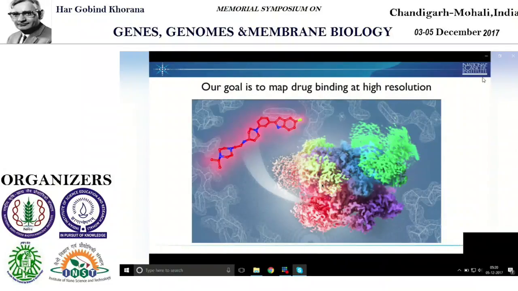But our interest was, in addition to figuring out the mechanism, to be able to map the molecules at high resolution. And the molecule you see up on the upper left, the phenylindole derivative, that at that time had been shown to have specific activity against the P97 ATPase, at least P97 itself, versus other ATPases.